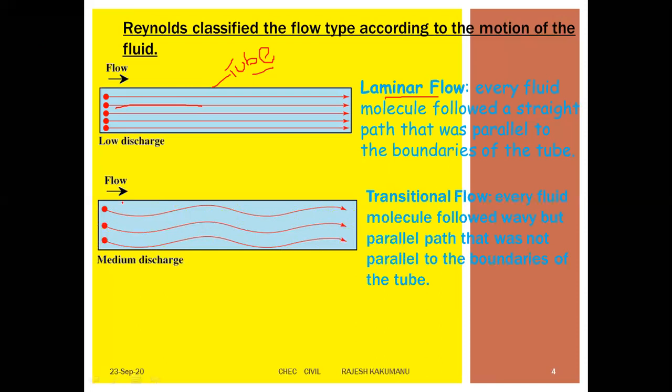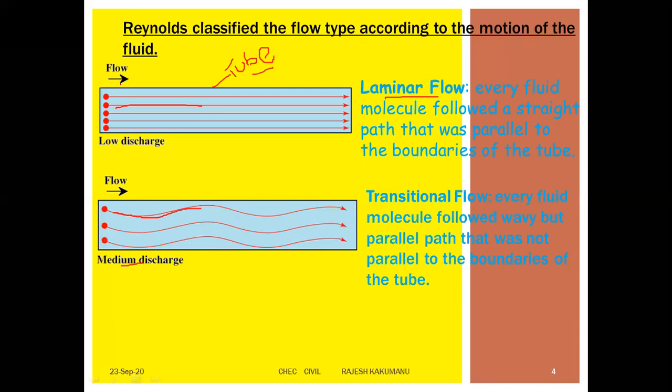This wavy nature of the fluid is parallel to the other layer of wavy fluid, but these layers are not parallel to the boundaries of the tube. Then you call that transitional flow, with a medium discharge. Got it? Next.